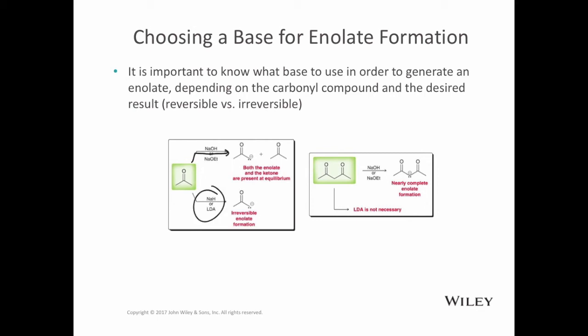However, if you use one of those super strong bases like sodium hydride or LDA, you're going to only have the enolate. And then if you look at the dicarbonyl, you're going to have complete enolate formation with a base like hydroxide or ethoxide, and you could use LDA, but it is certainly not necessary.